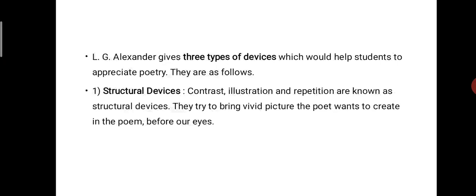All of you know the famous example of The Rime of the Ancient Mariner. Coleridge repeats the words "Water, water everywhere, and all the boards did shrink. Water, water everywhere, nor any drop to drink." See, the particular word water is repeated to show a particular core thought or idea in the poem.